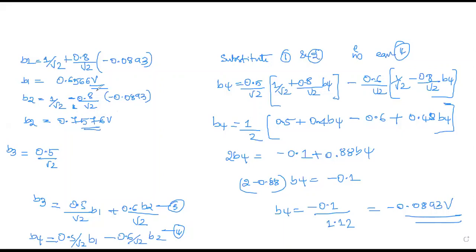0.7576 volt. Now consider this value of B1 and B2. Substitute in equation 3, because you need B1 and B2 in your B3 equation. So you can substitute the values: 0.6566 plus 0.6 divided by root 2 into B2, which will be 0.7576. Substitute and tell me the answer. What is B3?